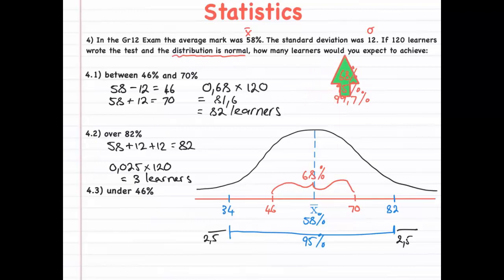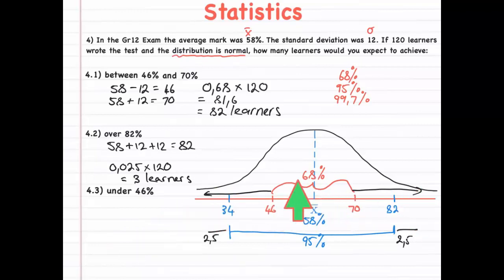Now we need to calculate how many learners you would expect to achieve under 46%. Now we know that 46% falls within one standard deviation lower than the mean. So within 46 to 70 we find 68% of the learners. Again, I'll quickly show you in my black pen that from this point onwards all the way to the end, and on the other side as well all the way to the end, it has to make up 100%.